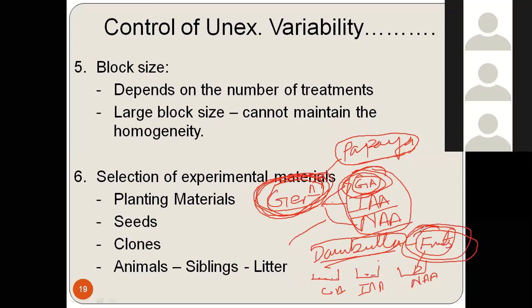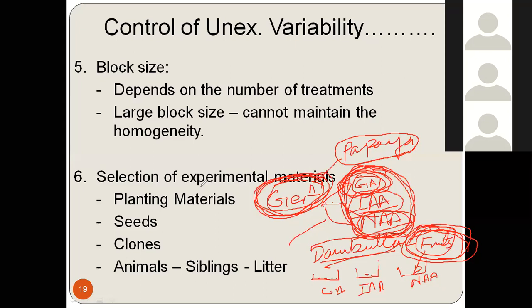Can you remember, initially we said we want to control the rest of the variability. We want to evaluate only the variability due to these three hormones. But the fruits I bought from the Dambulla market have already created some variability. So this is a contradiction.